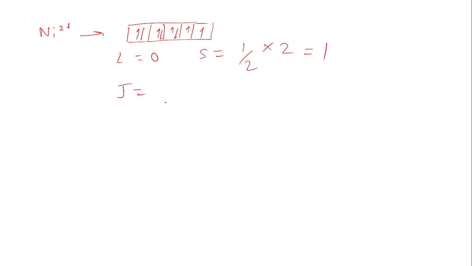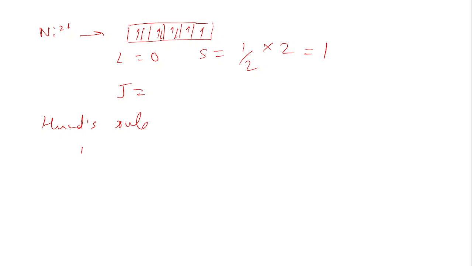Now J. From Hund's rule, which you must have studied: Hund's rule tells us how we arrange the electrons for the ground state.